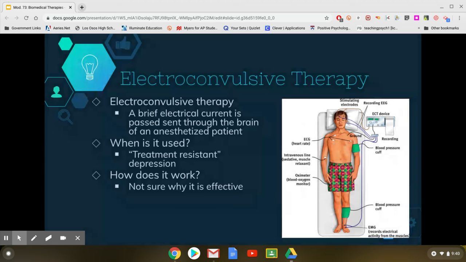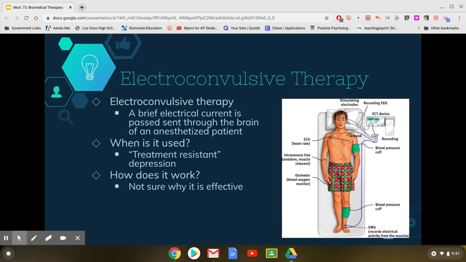They monitor their heart rate through ECG, their blood oxygen levels, their blood pressure, etc. They're given a muscle relaxant. And really what happens is a brief electrical signal is passed into the brain via those electrodes. And what that really does is instigate a seizure.